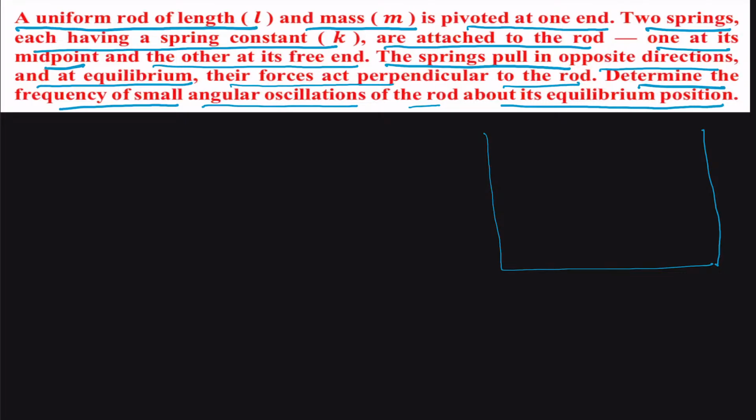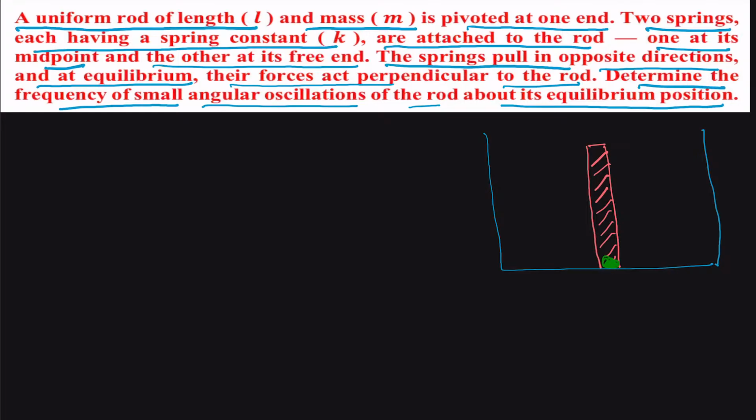So there is a uniform rod whose length is given as L, and it is pivoted at one of the ends, so it is pivoted somewhere here, and there are two springs connected to it.